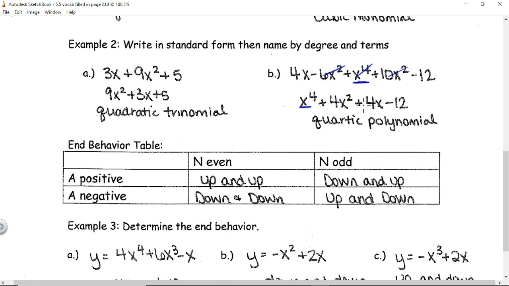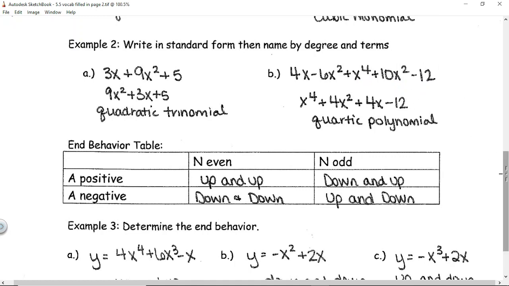And then 4x, that's the next one. And is that it? Well, then we have the constant term, no variable at all. If it did have a variable, it would be x to the 0, and x to the 0 is just 1. So that's the smallest degree, degree 0, and so it goes last when we write them down in standard form.